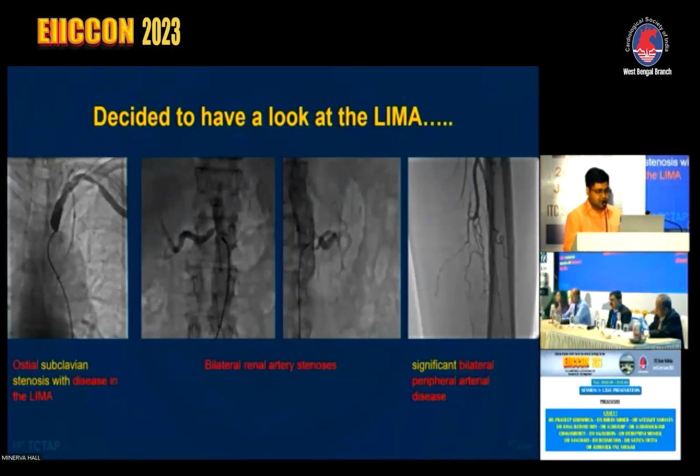But when we took a shoot, it revealed there was stenosis in the subclavian as well as the LIMA was diseased. And more so, the bilateral renal arteries were stenosed and the peripheral arteries were also diseased. So we were left with only the option of PCI as he was a CABG turndown.